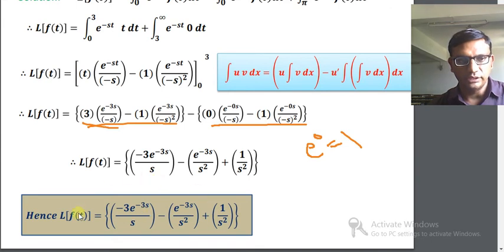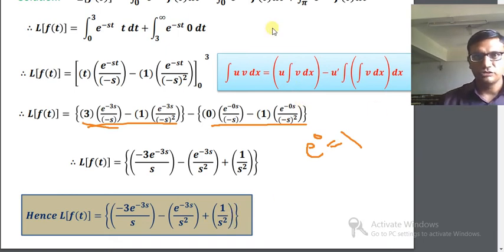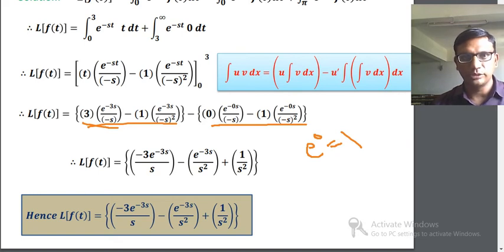So finally the answer of this function is 3 e raised to minus 3s upon s minus e raised to minus 3s upon s square plus 1 upon s square. So these are some concepts of Laplace transformation by definition.